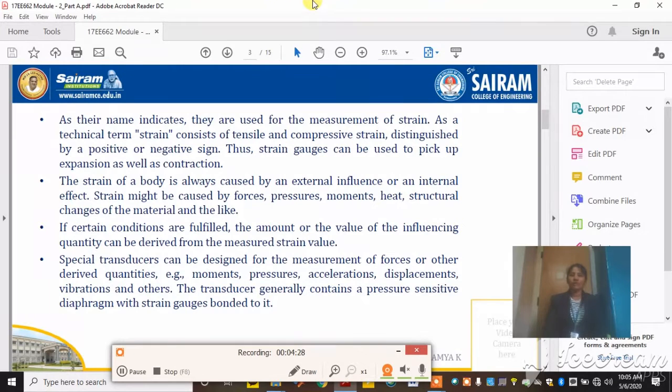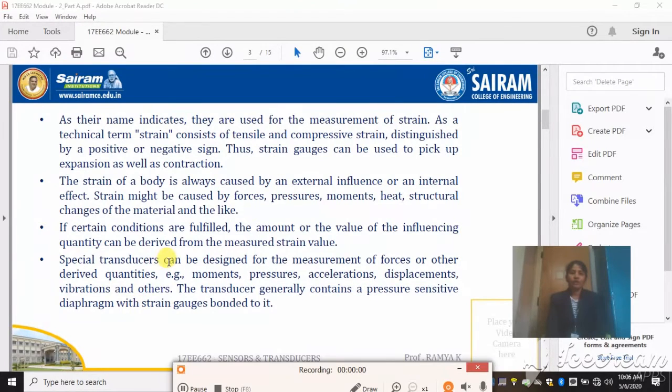You can use the strain gauge as a special type of transducer for the measurement of force or derived quantities, specifically designed for the measurement of force, moment, pressure, acceleration, displacement, vibration, etc. Normally this transducer contains a pressure sensitive diaphragm with a strain gauge bonded to it.